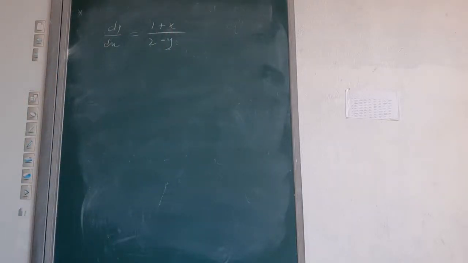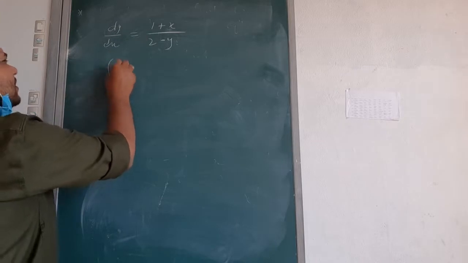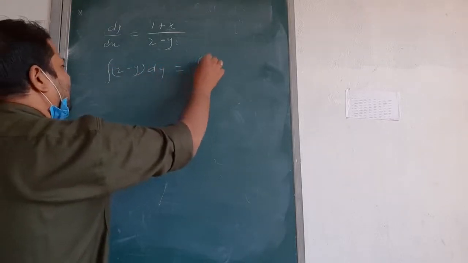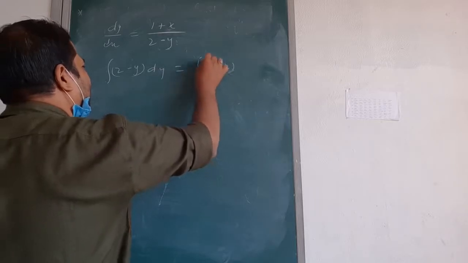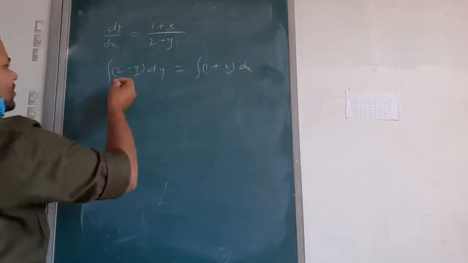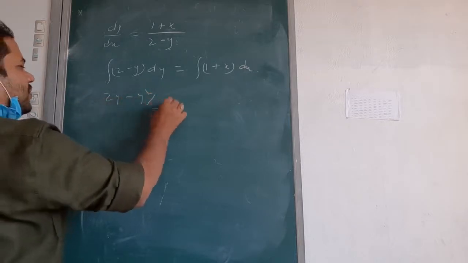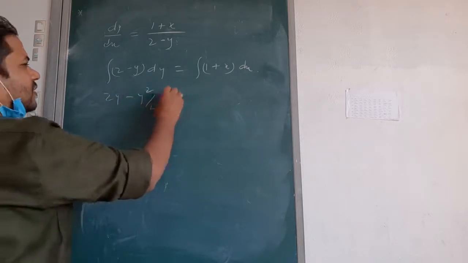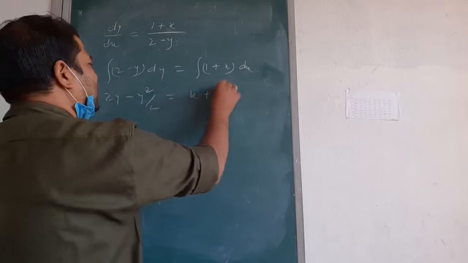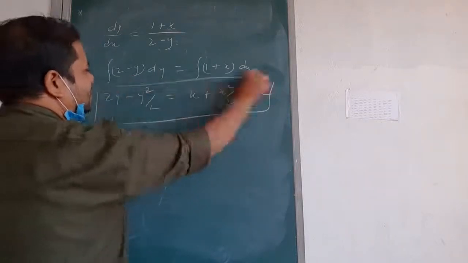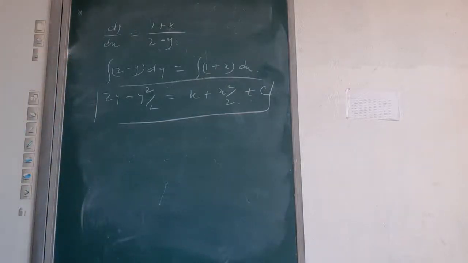In this question we take (2 minus y) dy and (1 plus x) dx. And this is nothing but 2y minus y square by 2 is equal to x plus x square by 2 plus c. So simply this is the solution of this particular differential equation.